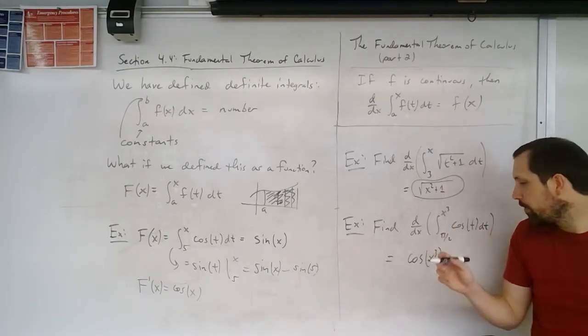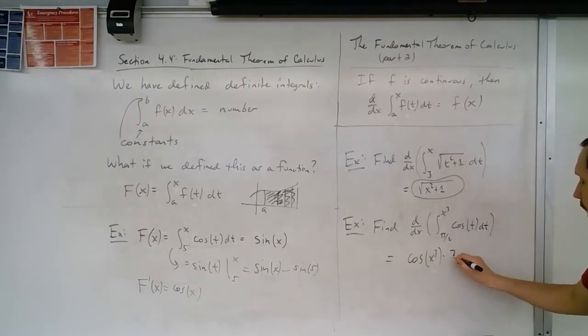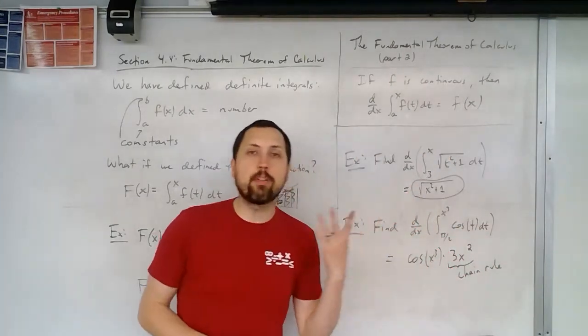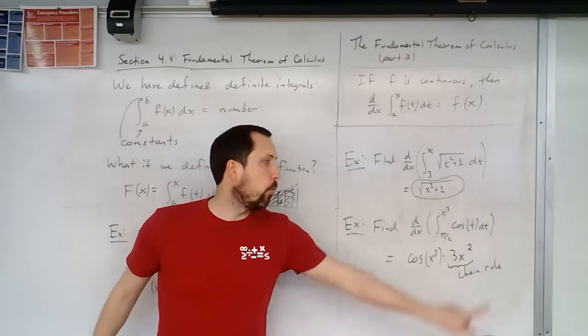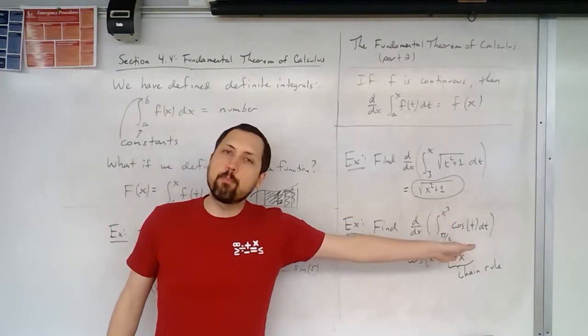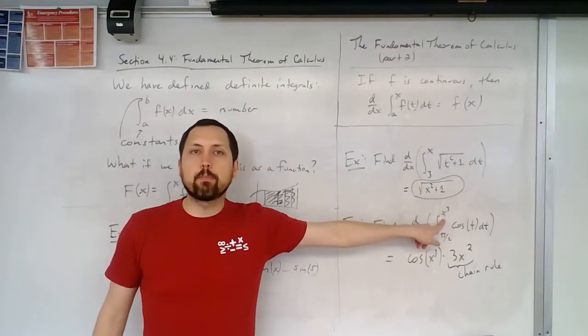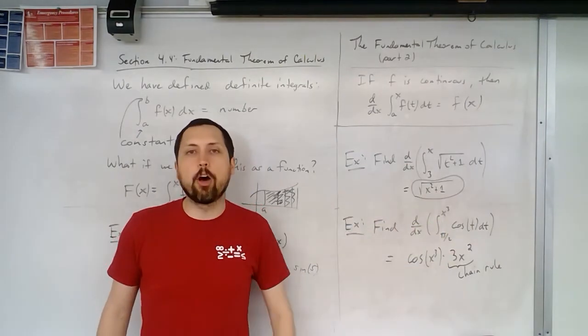Well, we need the chain rule. So I need to multiply this by 3x squared. So be careful. When it's just an x, that's super easy because you don't need the chain rule. But once the chain rule needs to be applied, just multiply by the derivative of the thing you have just plugged in, and then you're good to go.